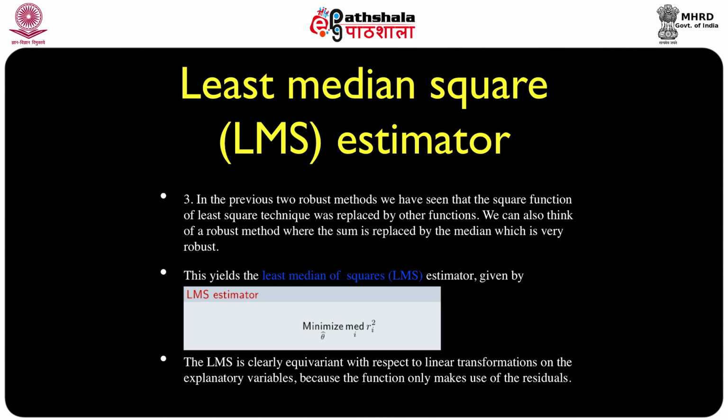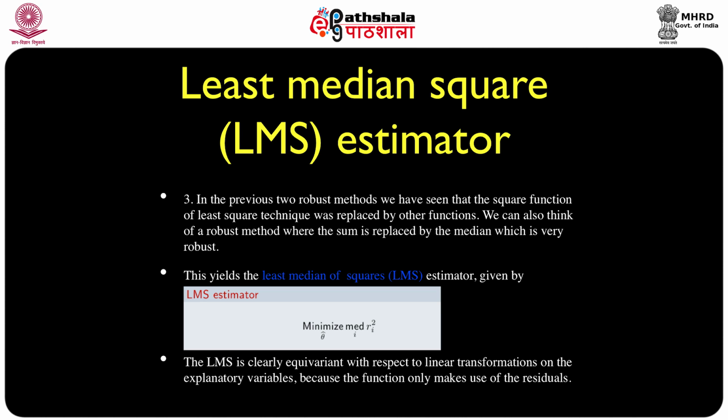The second robust regression technique that we can use to obtain the estimates of regression coefficient is the least median square estimator. In the previous two robust methods, namely the least absolute value method and the M-estimator method, we have seen that the square function of least square technique was replaced by other functions. We can also think of a robust method where the sum is now replaced by the median, which is very robust.